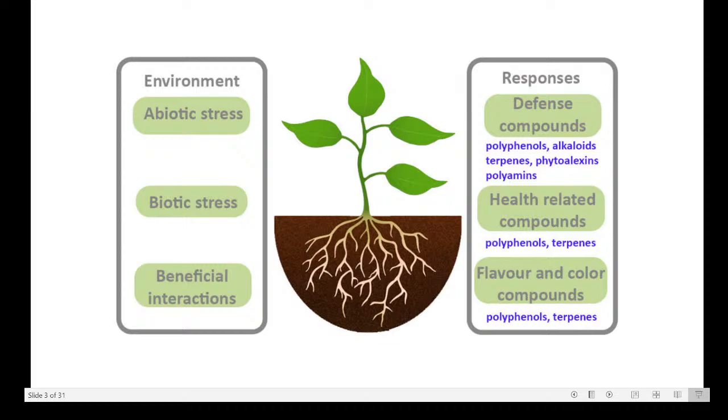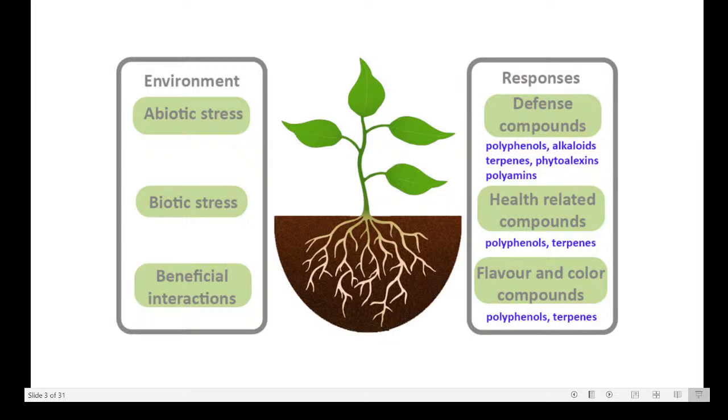For example, environmental conditions like biotic stress and beneficial interaction. These happen under the ground level, in the root area, where the plant has biotic stress and some microbial interactions.